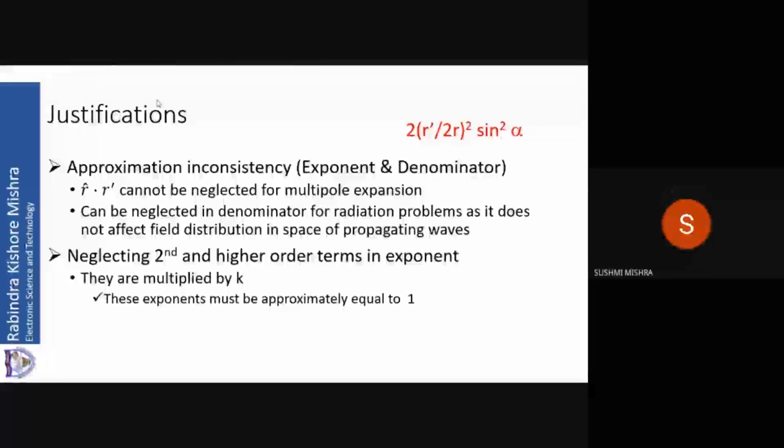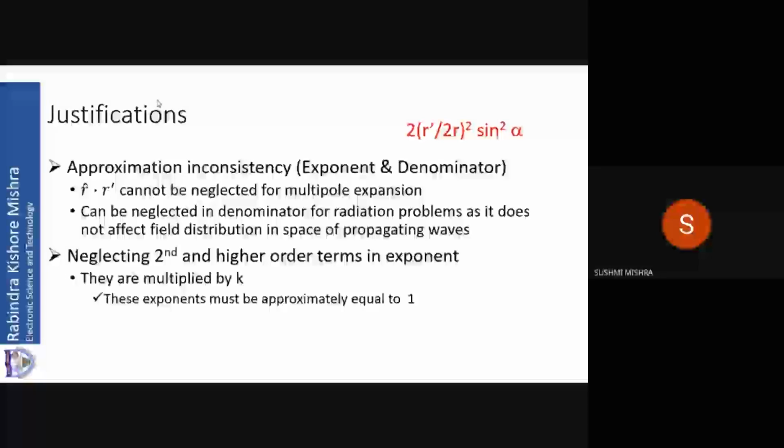For the R, we are making the approximation. So it has a k term multiplied by this. So this will be multiplied by k, right? All these are multiplied by k. k is equal to 2 pi upon lambda.